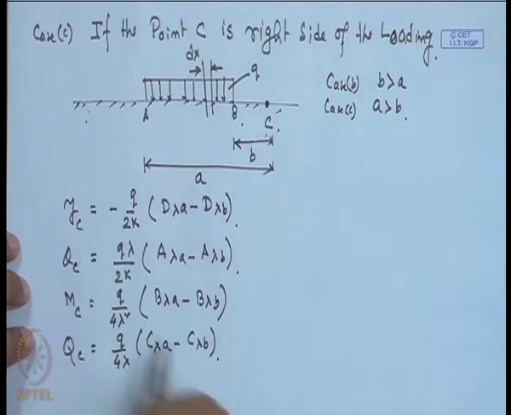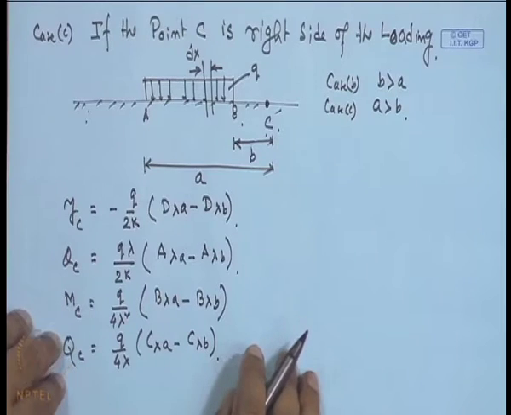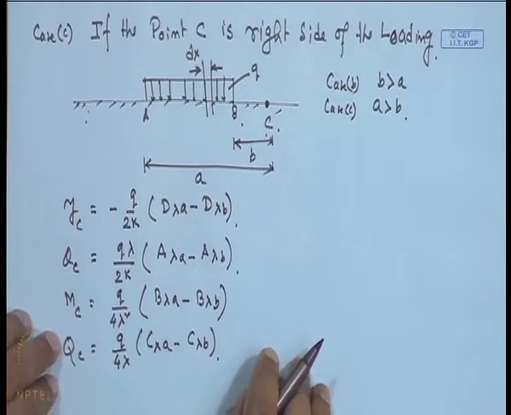So, these are the 4 expressions for the 3 different cases of the UDL. The 3 cases mean that for a chosen point, the first case is within the loaded region, the second case is the left side of the loaded region, and the third case is the right side of the loaded region. So, we got these 3 different expressions.